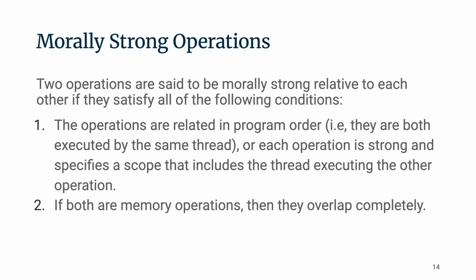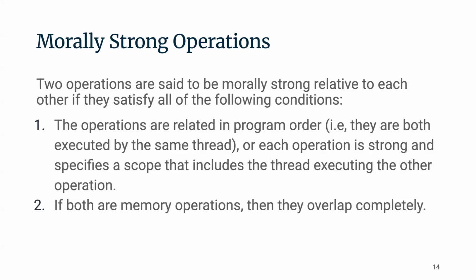If you have one in CTA scope and one in GPU scope, they could be not strong relative to each other. One of them might be in an SM and the other in another SM, and those are not considered to be in the same scope. The CTA scope limits the scope to a single block.